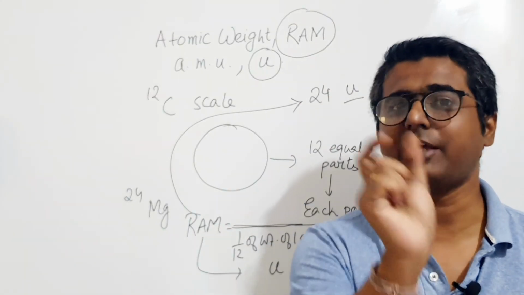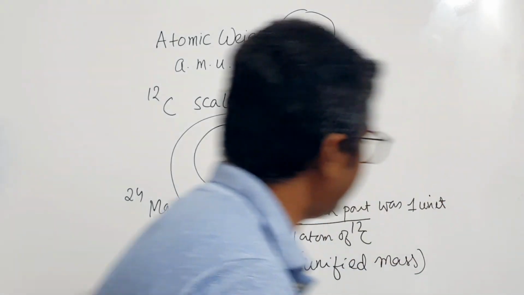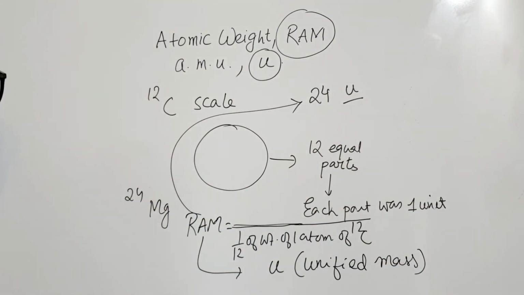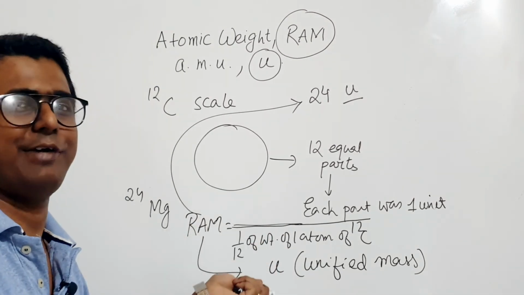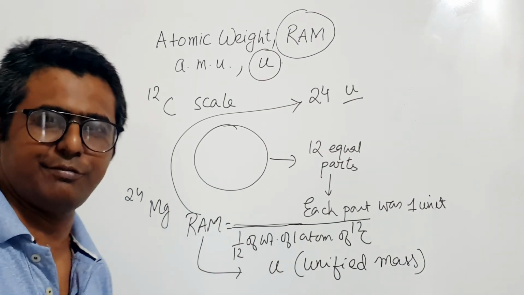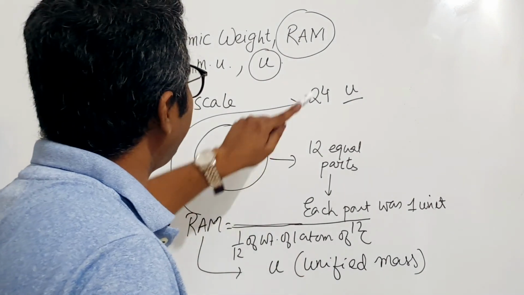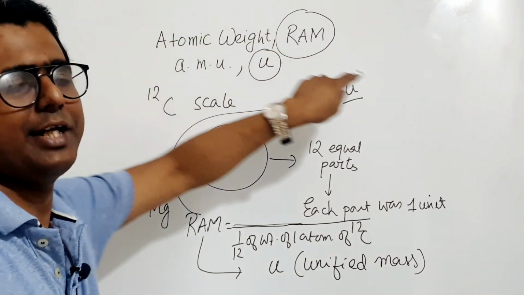Your total 5 books, 5 units. Similarly for atomic mass also they are doing the same thing. RAM is basically the ratio of 5 books by 1 book, so 5 units. Here there were 24 books by 1 book, so 24 units. So this is the fundamental of U, AMU, atomic weight and relative atomic mass.